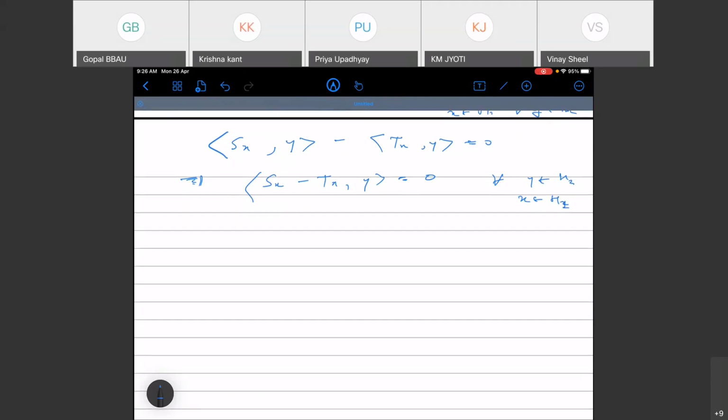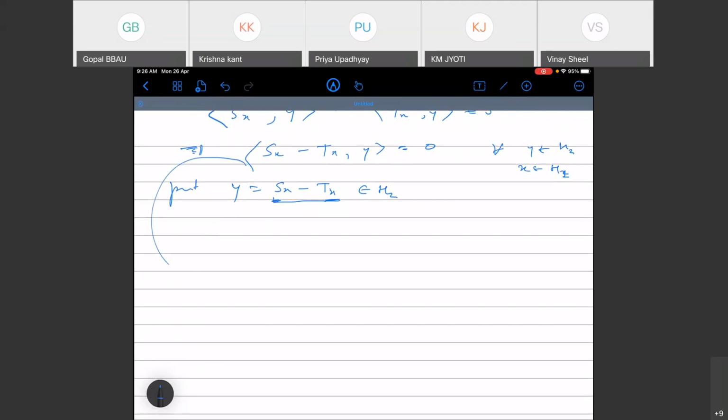Now put y equal to Sx minus Tx. See, when x belongs to H1, Sx belongs to H2, Tx belongs to H2, so Sx minus Tx will also belong to H2. Put y equal to this. Using this relation, you get Sx minus Tx comma Sx minus Tx equals 0.